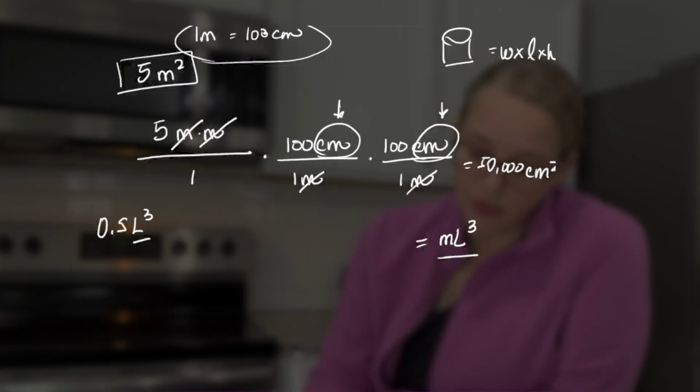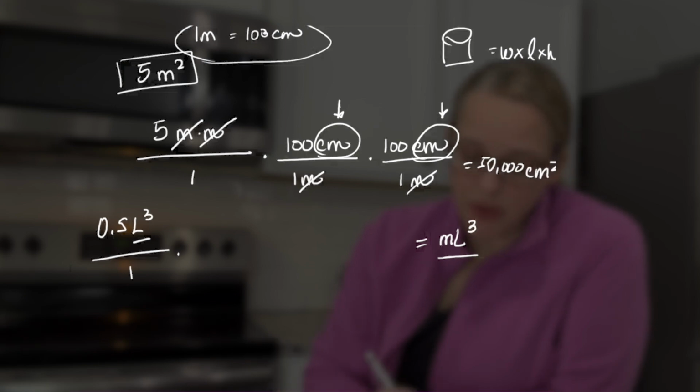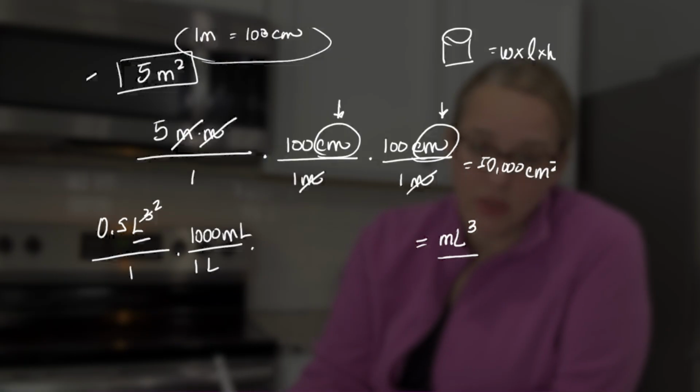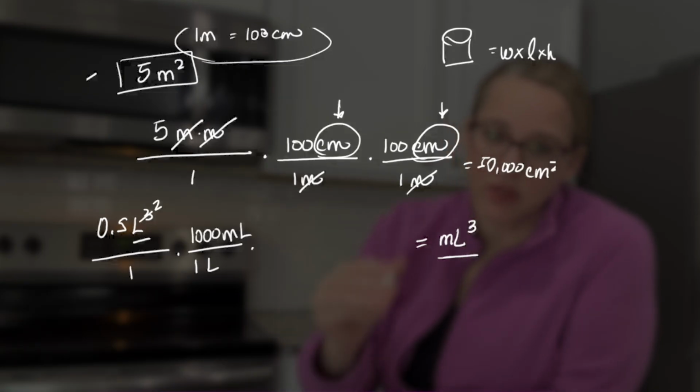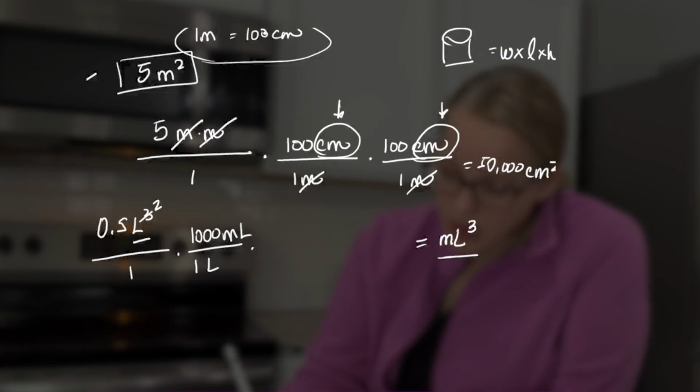So we need to say from volume to volume. We're going to end up with cubic milliliters, and I'm going to do my conversion factor 3 times instead. 1,000 milliliters crosses that out, takes it down to squared. If you don't want to write that out, L times L times L, you can just change the exponent. Then I'm going to do it again.